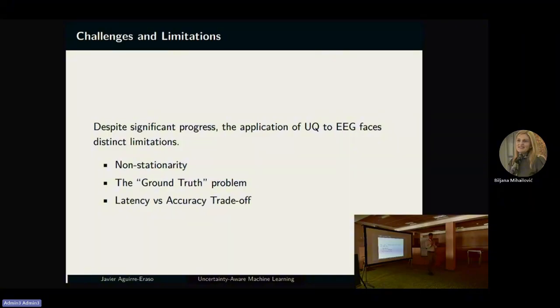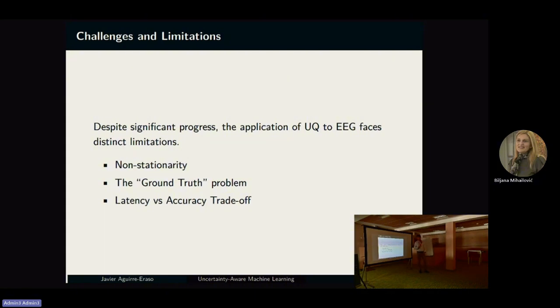This means that every sample is extracted from the same distribution, which is not the case in EEG data, because noise can change from time to time. The electrodes can change the signal, and it's very non-stationary.